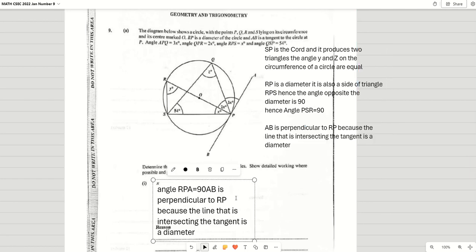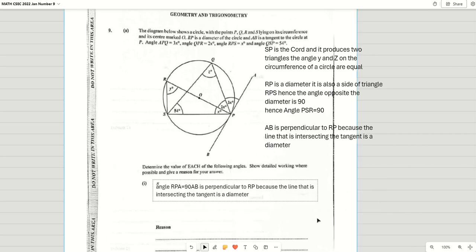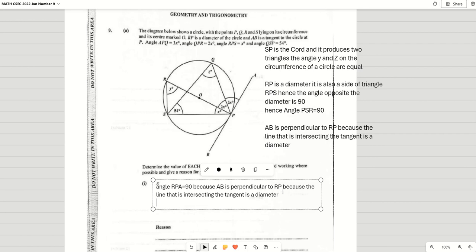Now that we know that, we can say that 2x plus 3x is equal to 90. So 5x is equal to 90.